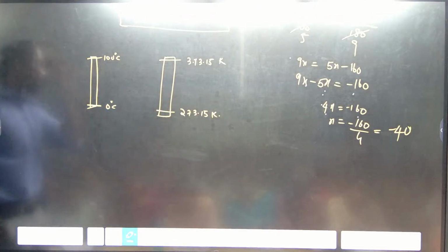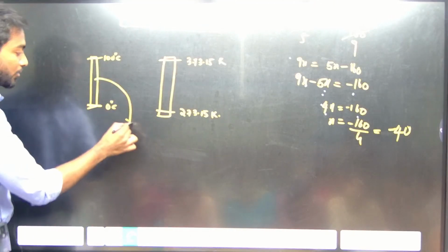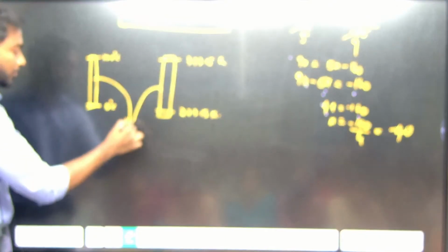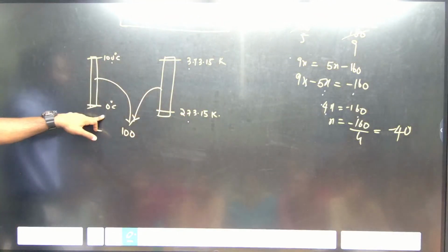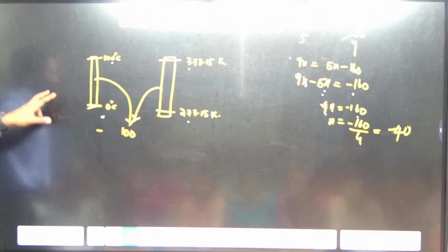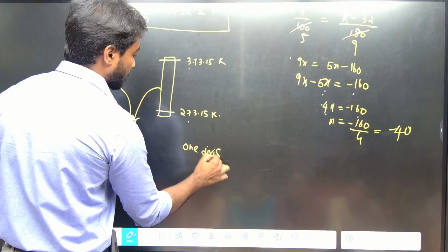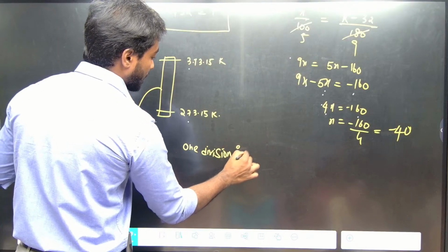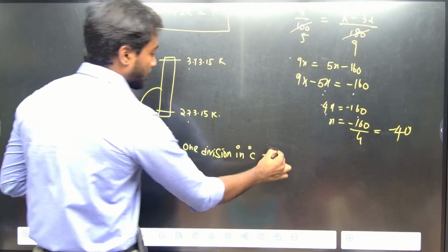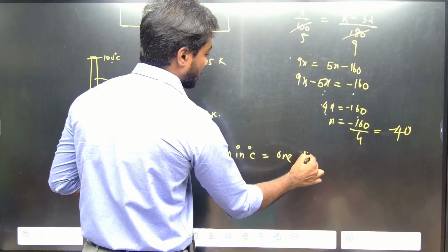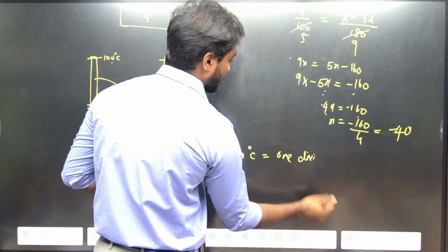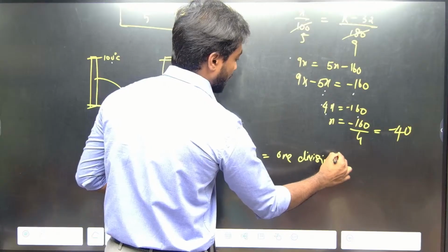The difference, this also 100 and this also 100 only, 373 minus 273, 100, 100 minus 0, 100. So since both are having equal division, I can say 1 division in degree Celsius equals to 1 division in Kelvin.